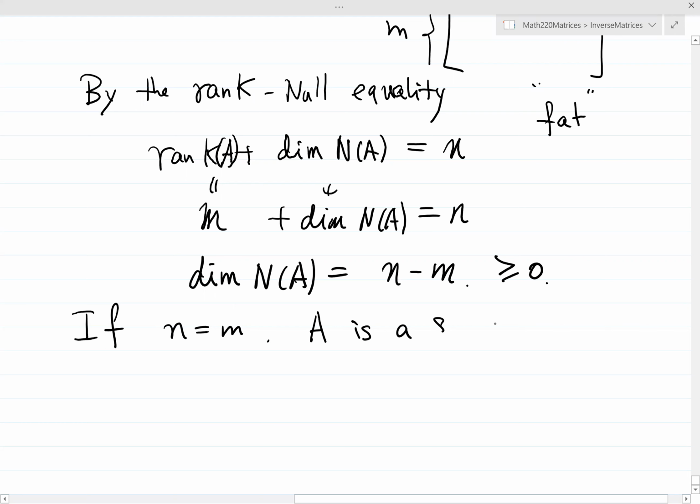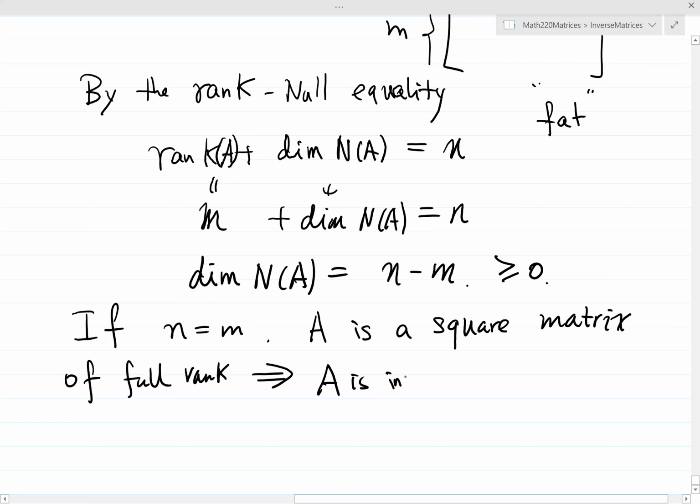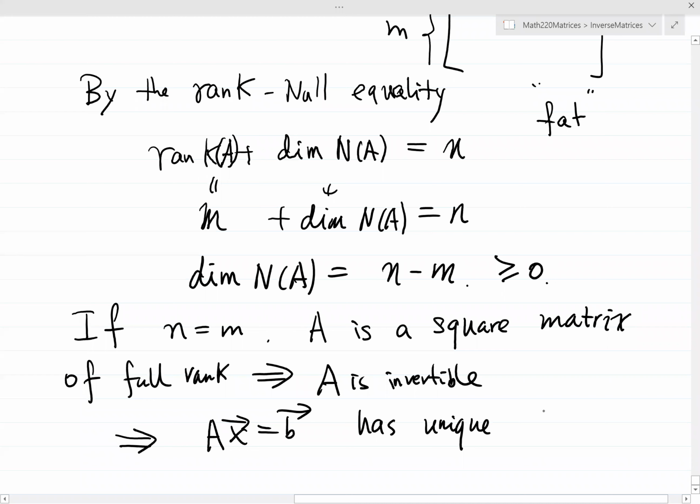A square matrix of full rank is invertible, which means Ax equals b has a unique solution, x equals A inverse times b.